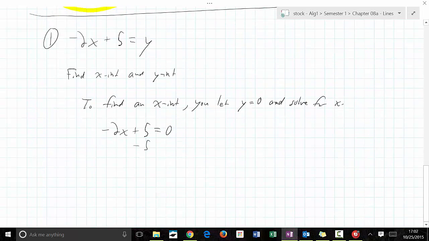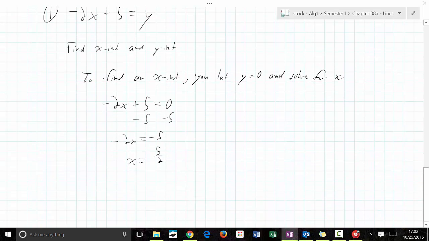Subtracting 5 gives me negative 2x equals negative 5. Divide by negative 2 and I get x is equal to 5 over 2. So therefore, my x-intercept is the ordered pair 5 over 2, 0. Now, how do I know that? Well, I substituted 0 in for y, and I got 5/2 for x.